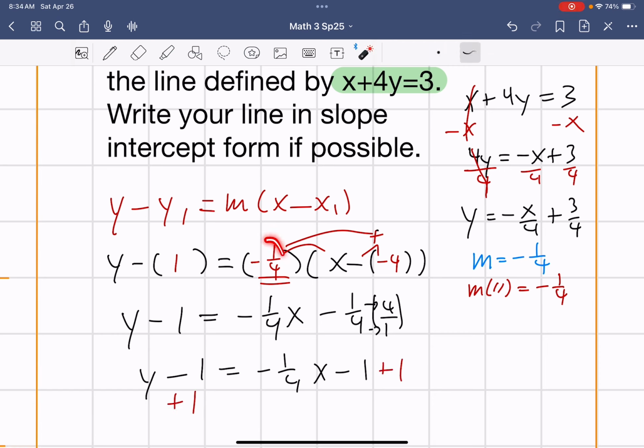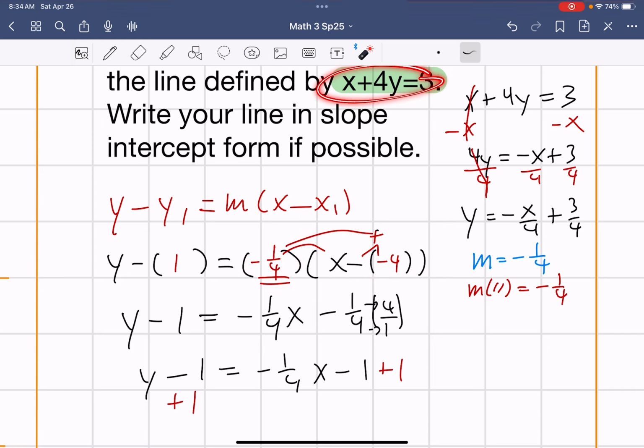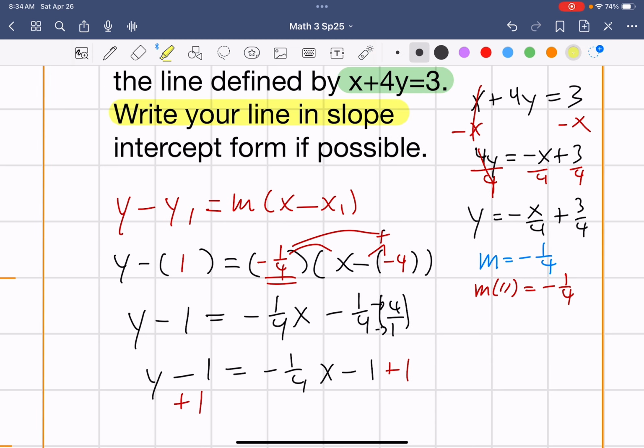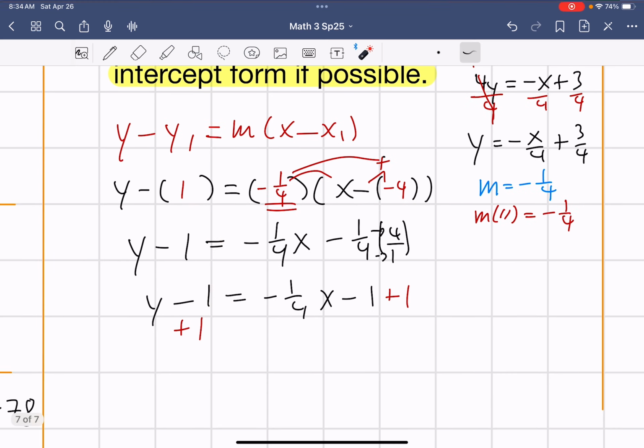And the moment you put in that slope, you have found the equation of the line that's parallel to x plus 4y equals 3. But it does say to write the line in slope intercept form if possible. So after this step, we are just looking to put it in slope intercept form.